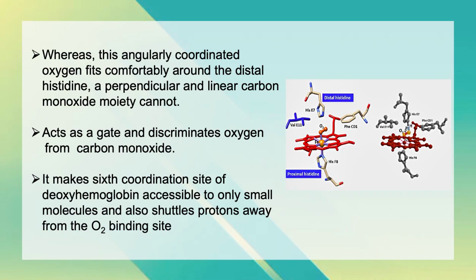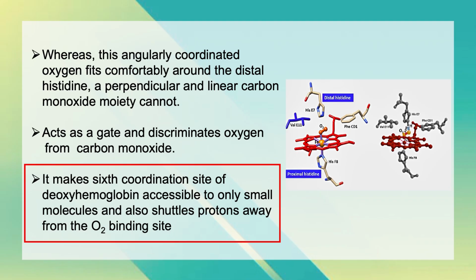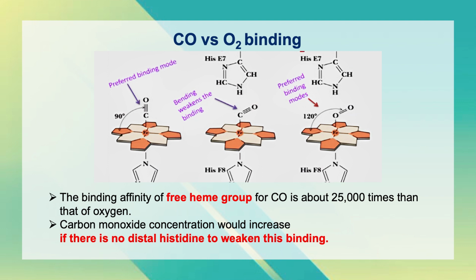So, we can say that the distal histidine will act as a gate and discriminate between oxygen and carbon monoxide. It makes the 6th coordination site of deoxyhemoglobin accessible to only small molecules, and it also shuttles protons away from the oxygen binding site. So, you can see the picture depicting the carbon monoxide versus oxygen binding here.